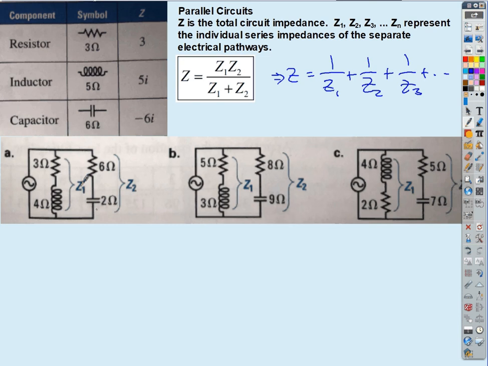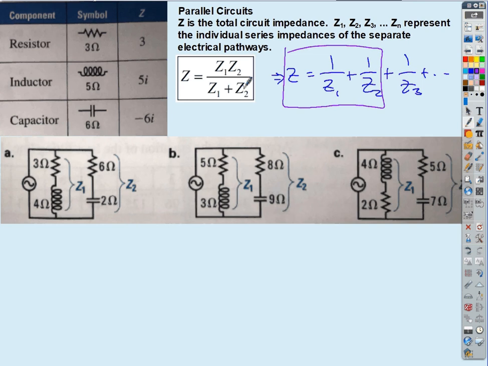If we limit ourselves to just 2 of those, I could add those fractions up by getting a common denominator. I could multiply this one by Z2 over Z2 and this one by Z1 over Z1. So another way to write this formula, take your pick, if we want to write it as a single fraction, it just looks like that.